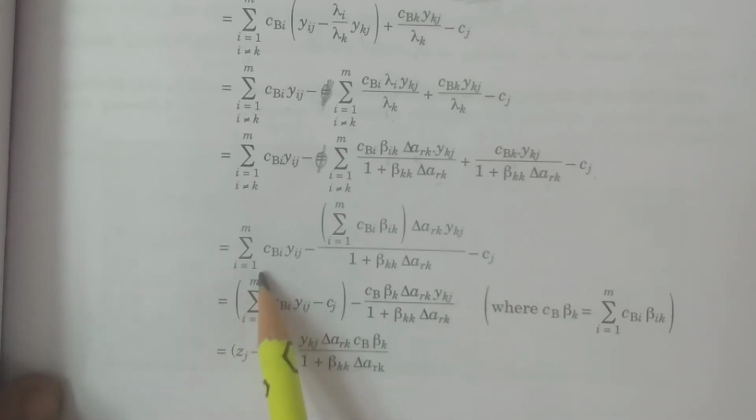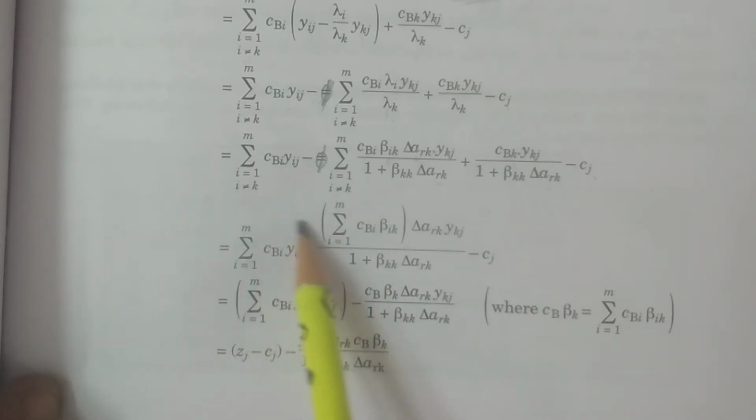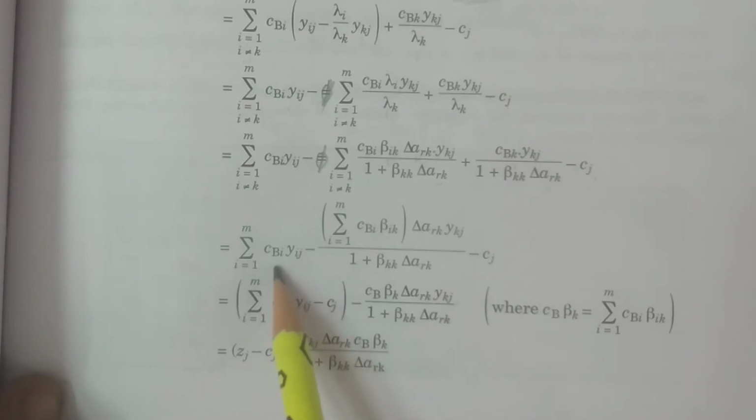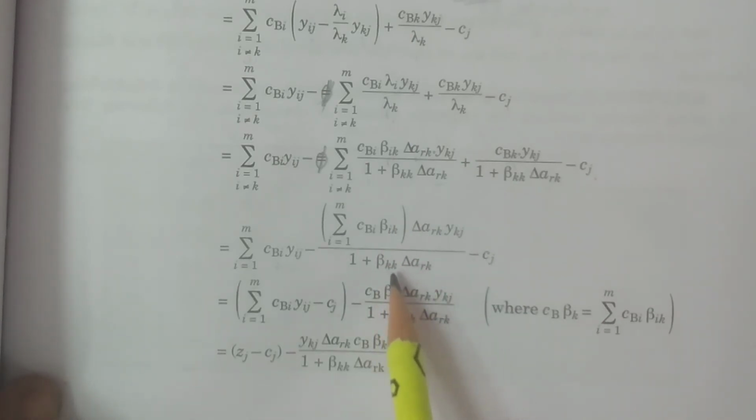You have to carefully read this. Summation I is equal to 1 to m CBI YIZ, all the terms of CBI into YIZ are included here, minus the remaining two terms also. These two terms are not multiplied actually, they get into one particular summation.